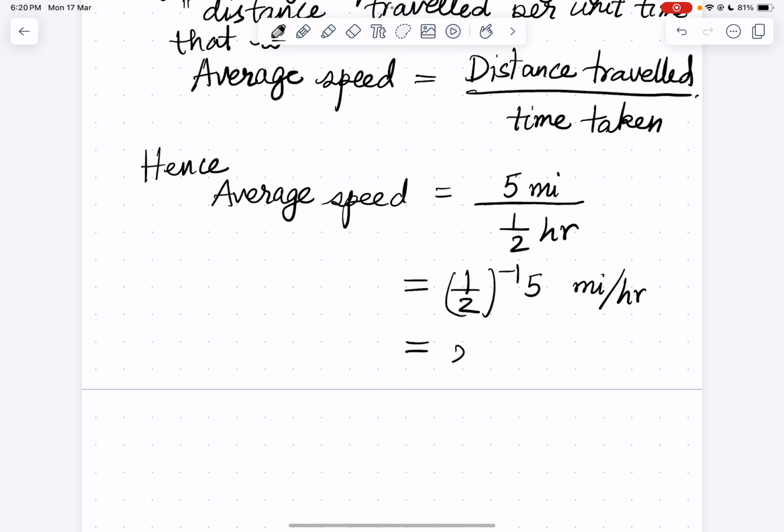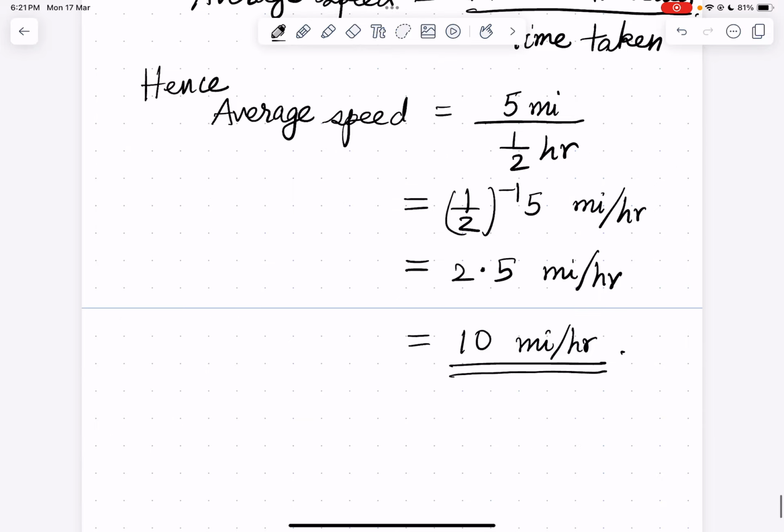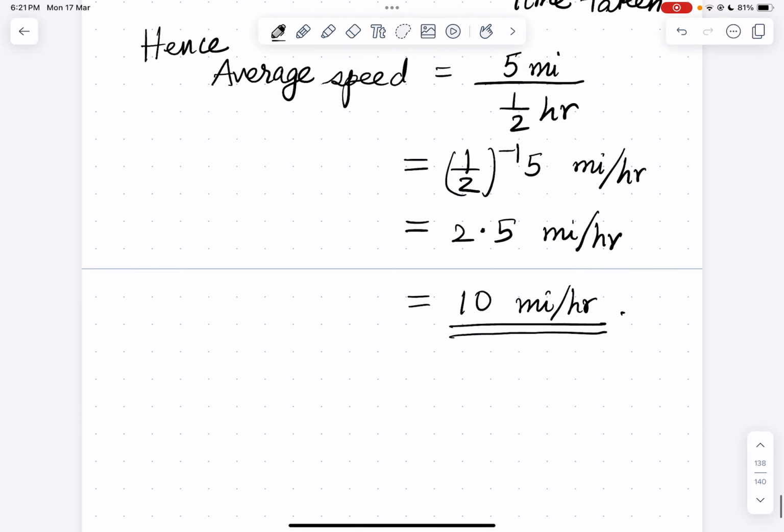So this is 2 times 5 miles per hour equals 10 miles per hour. So the average speed of the car is 10 miles per hour. Intuitively that is clear, right? If it travels 5 miles in half an hour, it travels 10 miles in 1 hour, roughly speaking. And hence the average speed is 10 miles per hour. The distance it travels per hour is 10 miles. Okay. So this is a basic example.